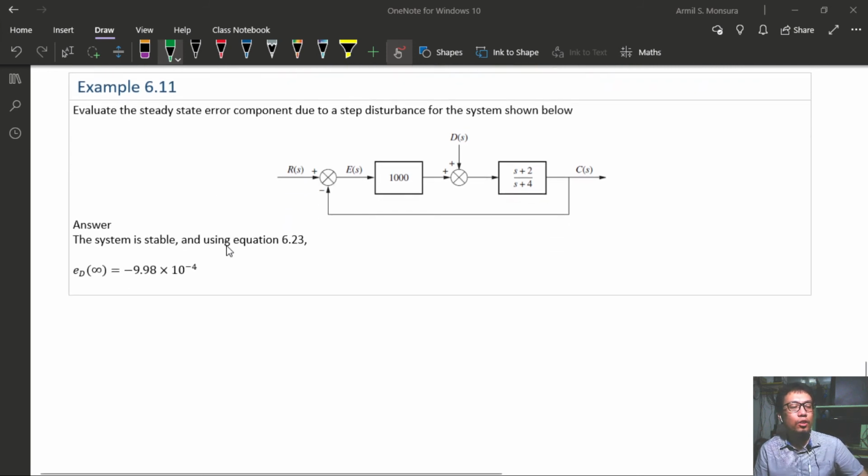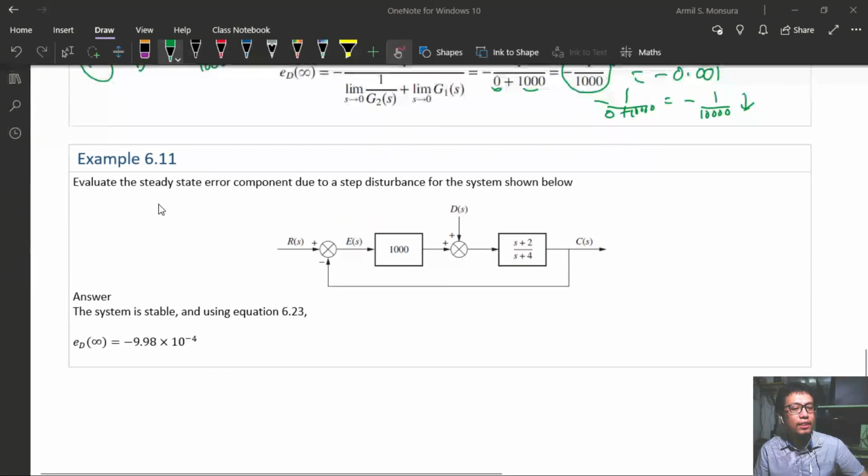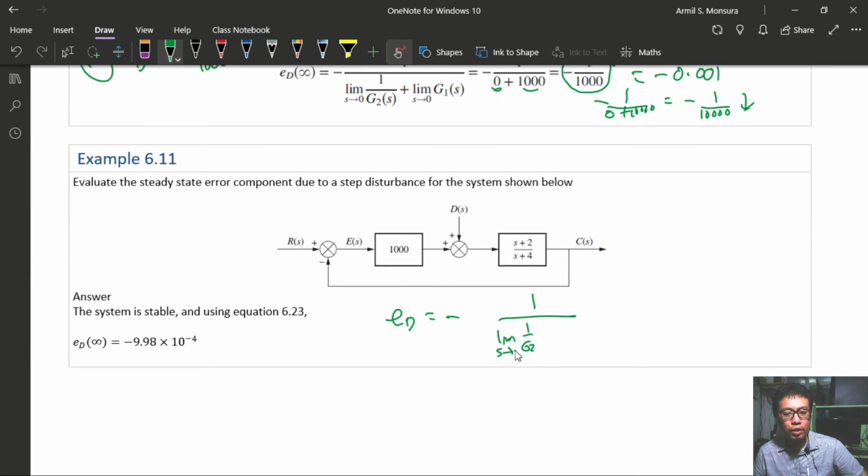In this case, let us evaluate the steady state error component due to the step disturbance for the system. Let us have ED, the error due to the disturbance, as negative 1 over the limit of 1 over G2 as S approaches 0 plus the limit of G1 as S approaches 0. Let us evaluate them separately.